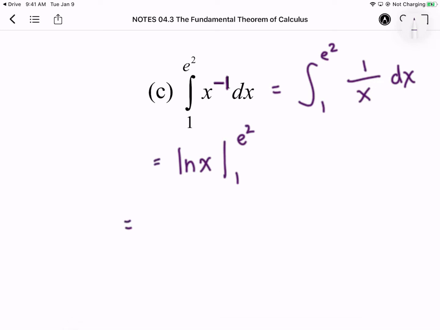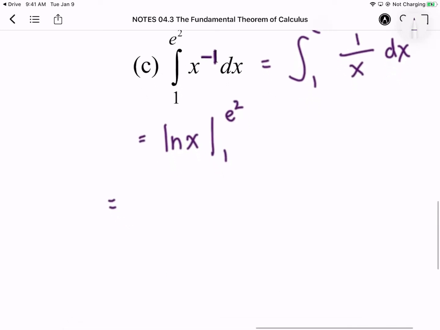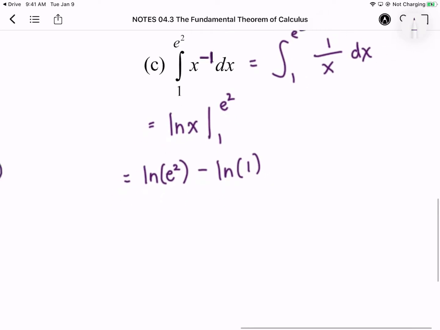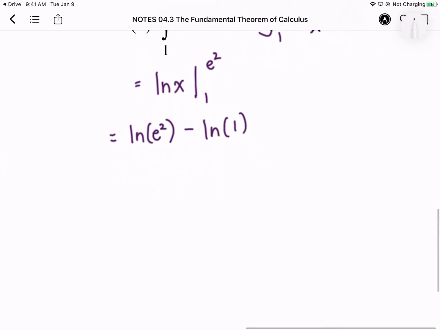And then I can rewrite this as ln of e squared minus ln of 1. Here I have to remember some properties of ln and logs. So whenever I have a power inside of my argument, I can bring the power out like this.